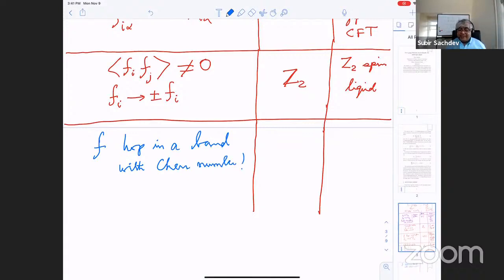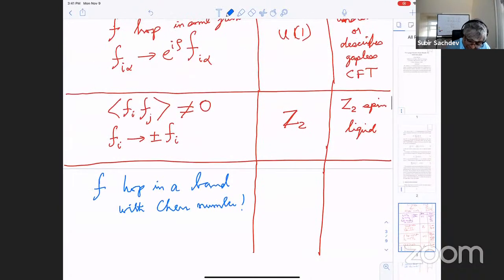This is how we're going to get some non-trivial physics with anyons. We're going to take our partons, not the actual electron, which in the integer quantum Hall type states moves in a Chern number band. Now we take our electron and split it into partons, and we make the partons move in a Chern number band.